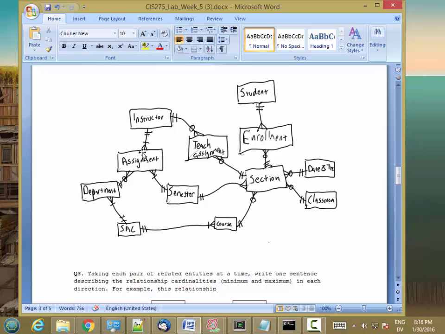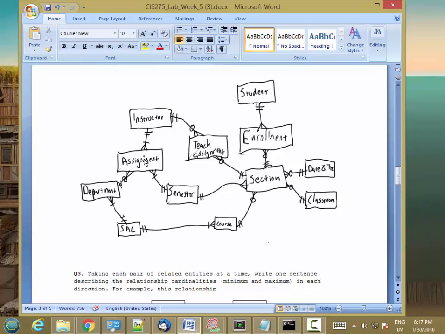And then there's going to be a foreign key on the many side. So for example, if I used first name, last name, middle initial, social security number, whatever, as the primary key, then I would have a foreign key here that referenced that primary key value. So the primary key always goes on the one side of the relationship. The foreign key that references it always goes on the many side of the relationship.